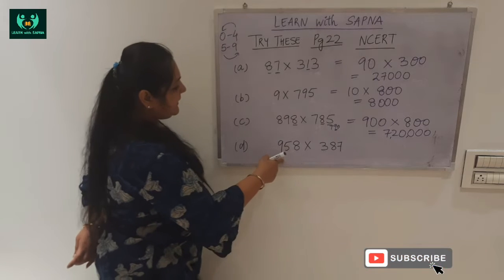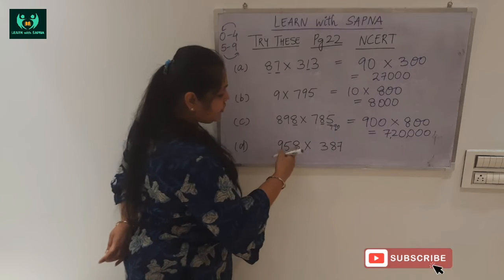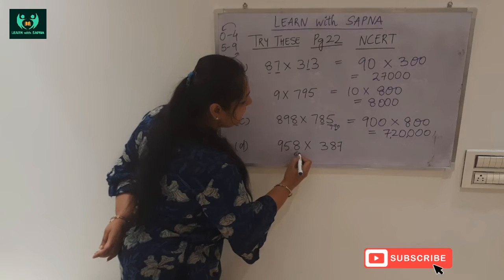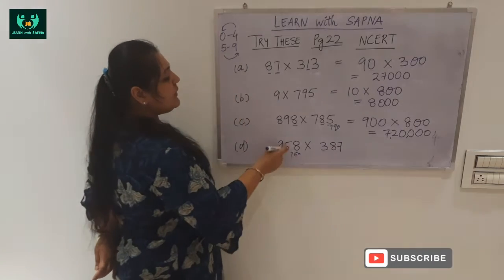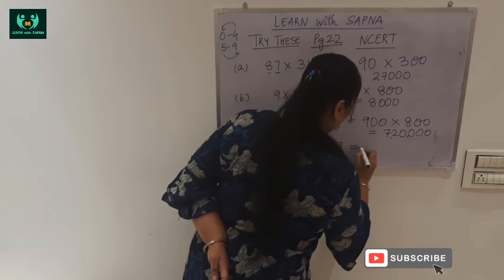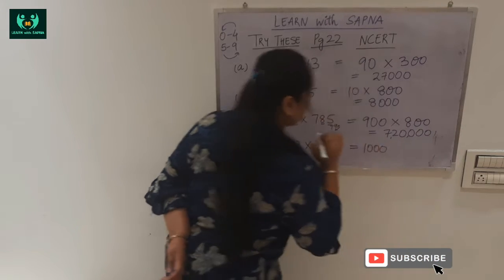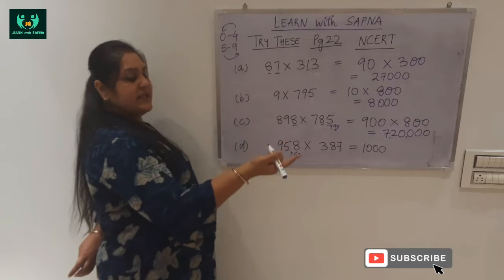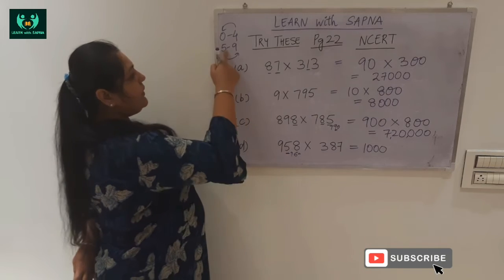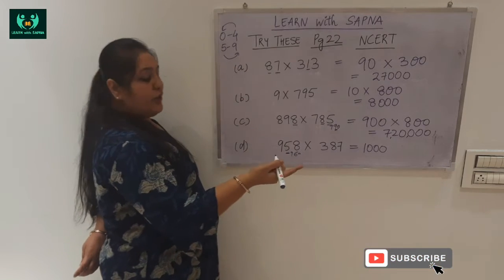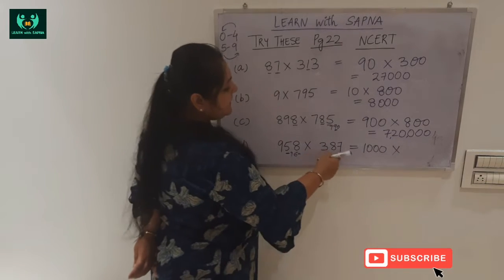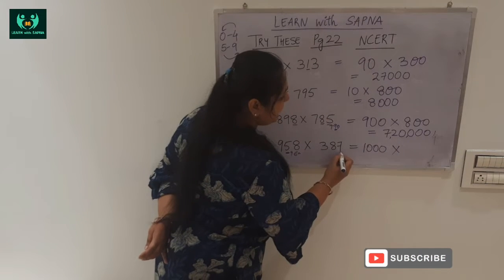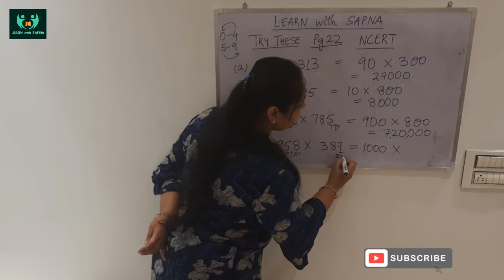Now the last part again 958. अगर हम इसको round off करेंगे nearest 10 it will become 960. But then again it is not a simpler number to deal with. So we'll round it off to the nearest 100. That will become 1000. 958 का highest 9 5 है. 5 will go in the higher bracket. So it will be rounded off to 1000. 1000 multiplied by again 387. 387 को हम round off higher end पे करेंगे 7 के हिसाब से it will become 390.